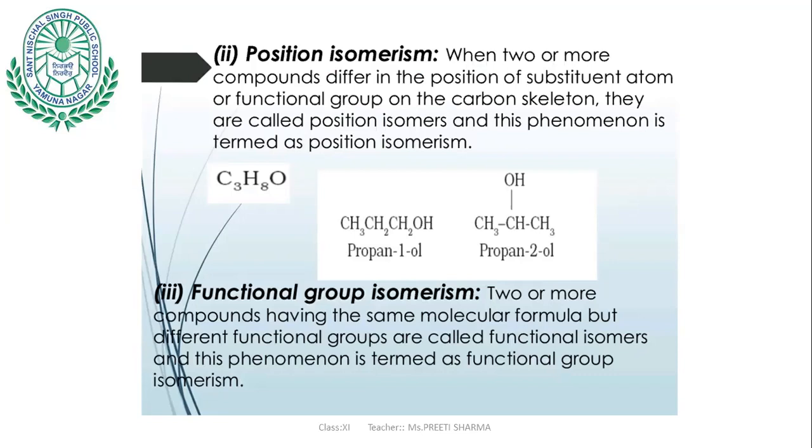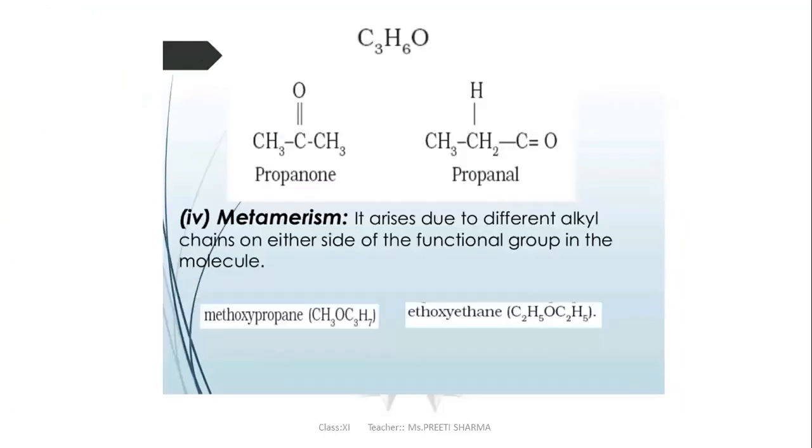The third one is functional group isomerism. As the name suggests, two or more compounds having the same molecular formula but differing with respect to functional groups are known as functional isomers, and this is known as functional group isomerism. This is one example: C3H6O can be written as propanone and propanal, where the functional groups are different.